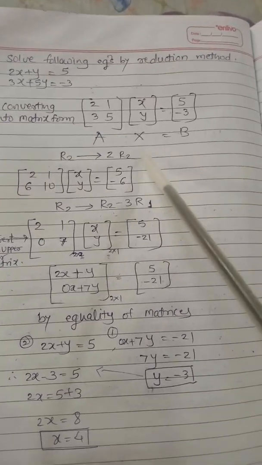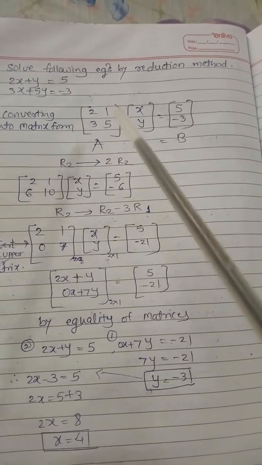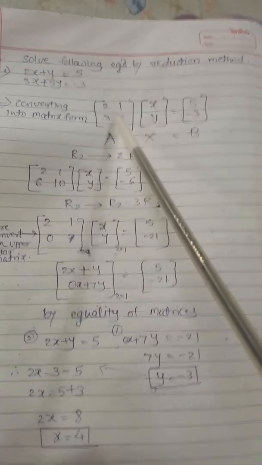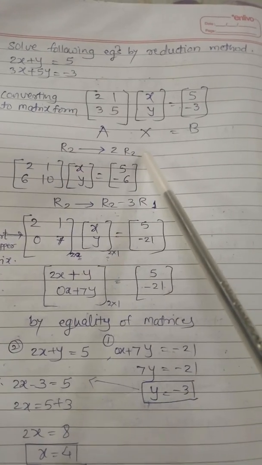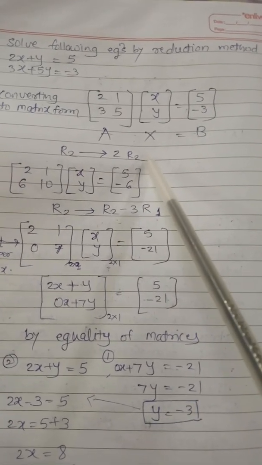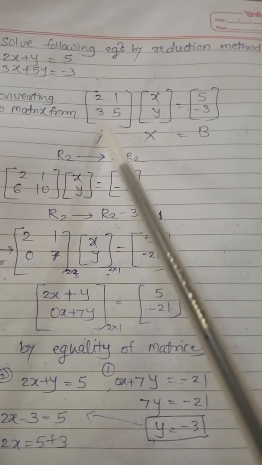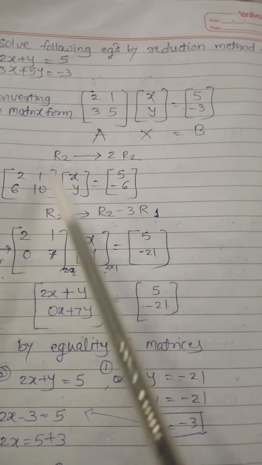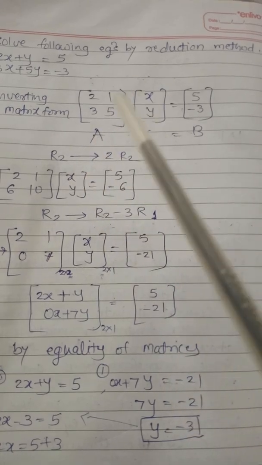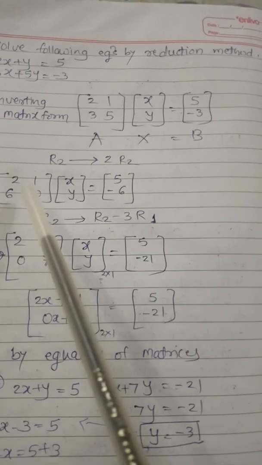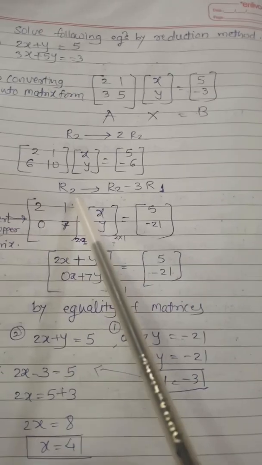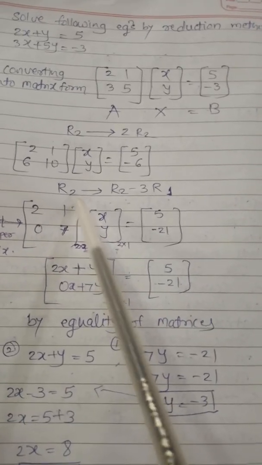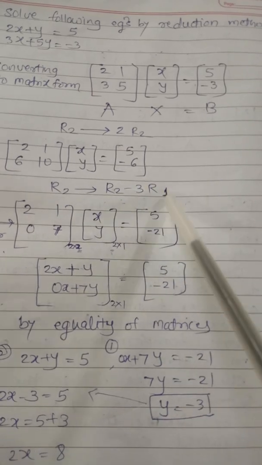Here we have to use different row operations to convert this matrix into either an upper or lower triangular matrix. Here we use R2. We multiply this R2 by 2, so by multiplying it we get 6 10. These changes are in the second row only, in A as well as in B. Next operation: R2 minus 3 R1.